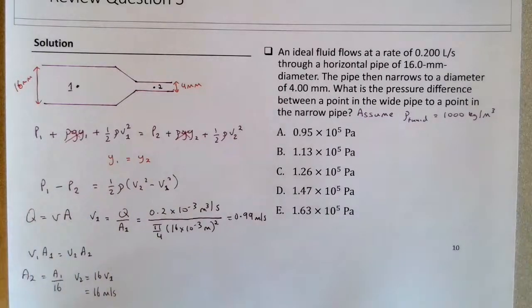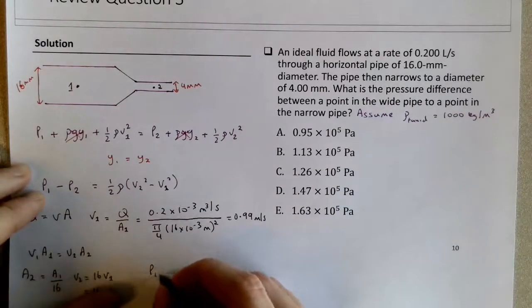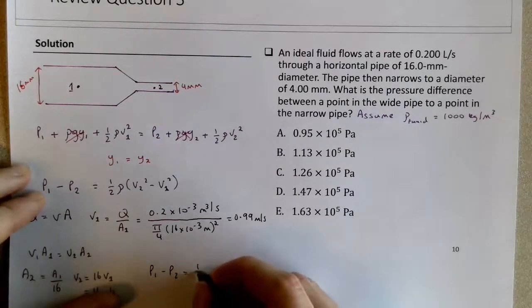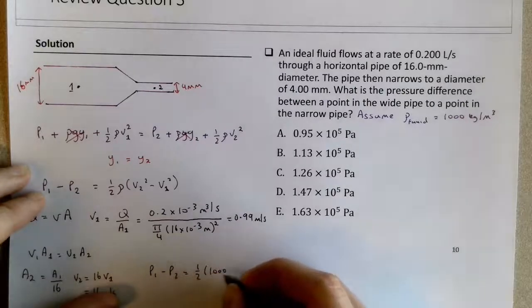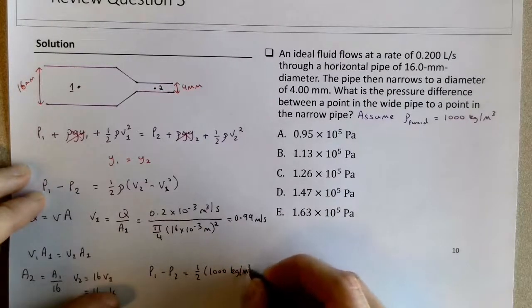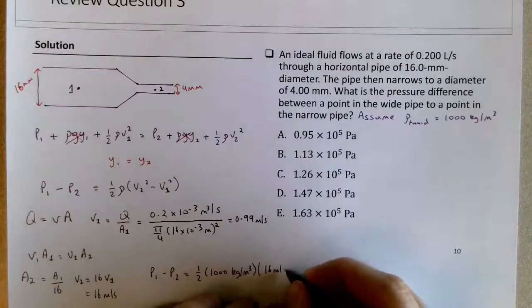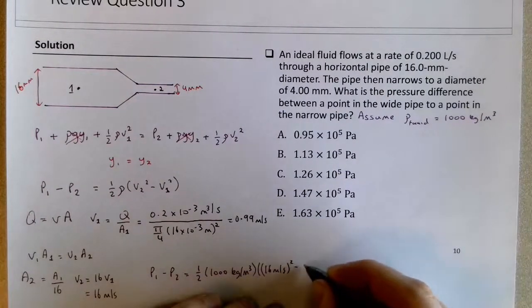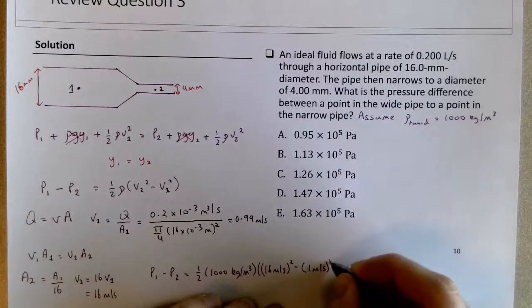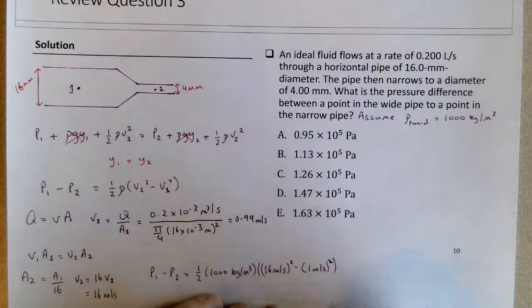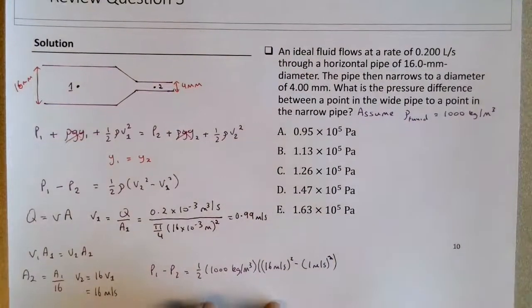Now we can return to the differences in the pressure. So P1 minus P2 is going to be 1/2 of 1,000 kilograms per meter cubed, times the final speed of 16 meters per second, all squared, minus 1 meter per second, and if I round up a little, all squared, it's going to end up being around 1.